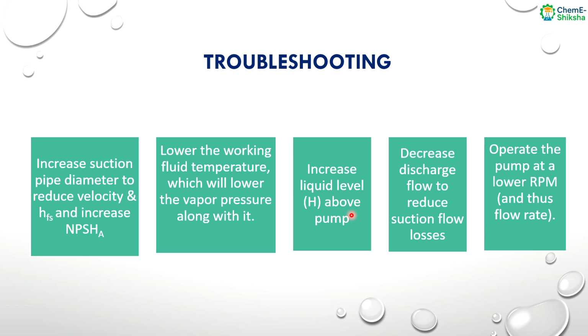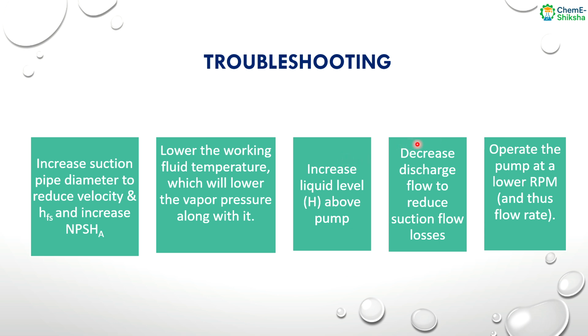NPSH available is directly proportional to the liquid level H. So if we increase this liquid level above the pump, then the NPSH available will be increased, which can make sure that cavitation is not occurring.